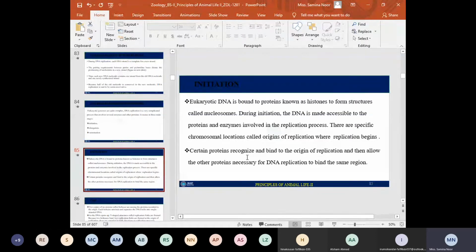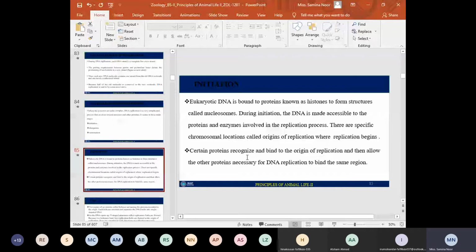By the assemblage of the DNA and the histone proteins, DNA is assembled into a particular structure, and this structure is named the nucleosome. So the nucleosome is formed by the bonding of DNA and histone proteins in a particular manner. So what happens during initiation?